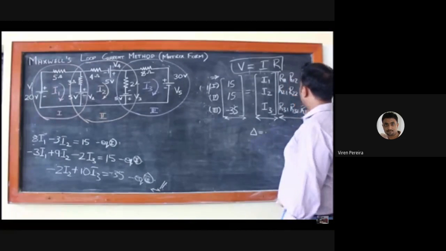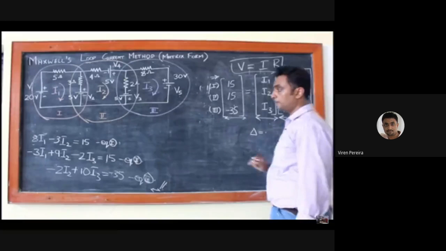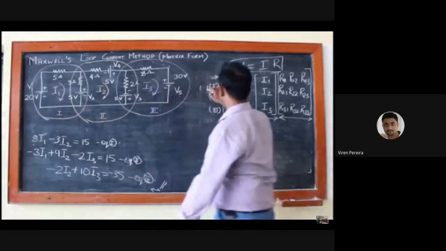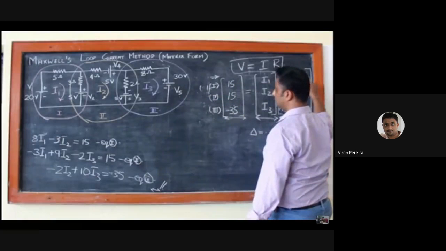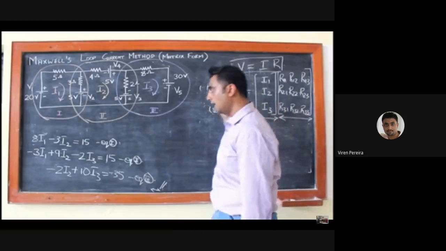Now, for the resistance, R11, R12 and R13. As I told you, this whole line will represent equation 1, this will represent equation 2, equation 3 and so on.